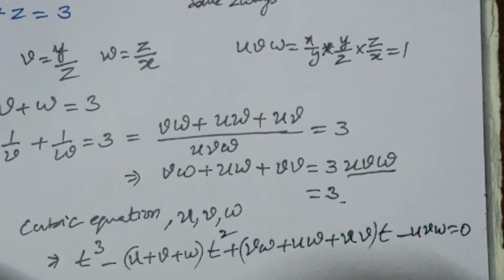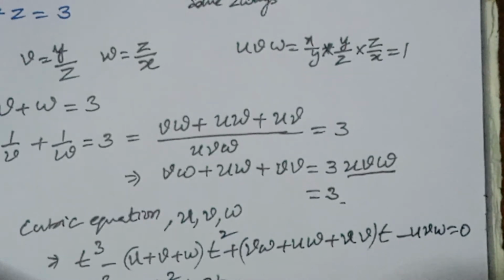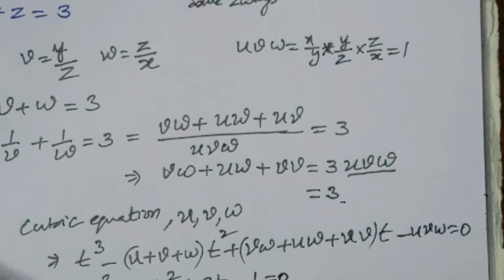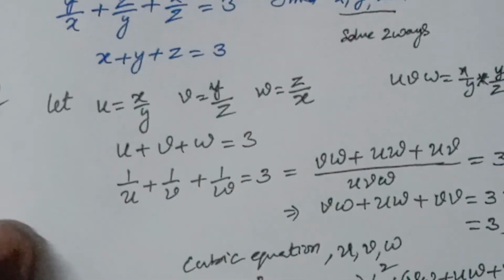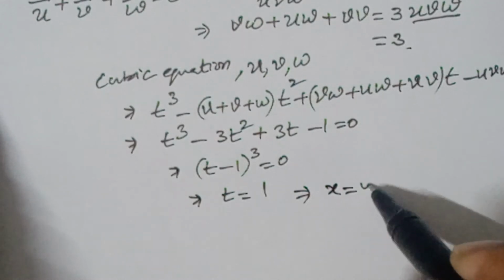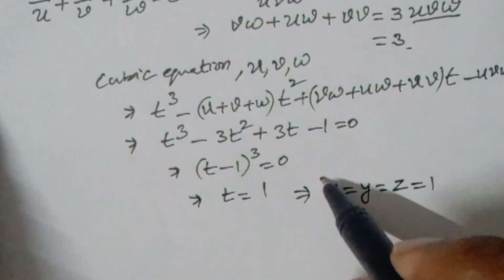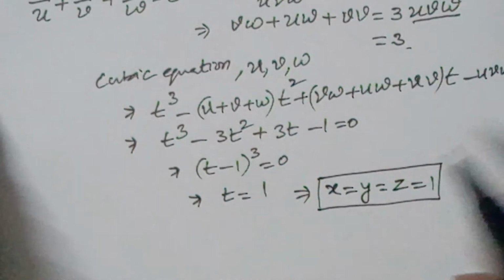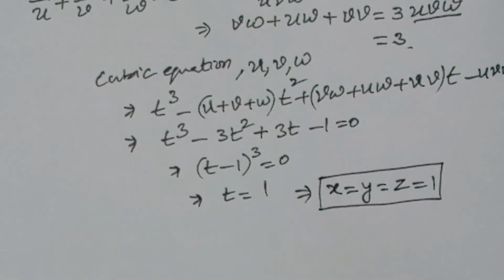Now if you replace the values here, t cube minus 3t square plus 3t minus 1 equals 0. This can be written as (t minus 1) whole cube is equal to 0. That implies t is equal to 1. Therefore x is equal to y is equal to z is equal to 1. All the values are equal. This is method 1.